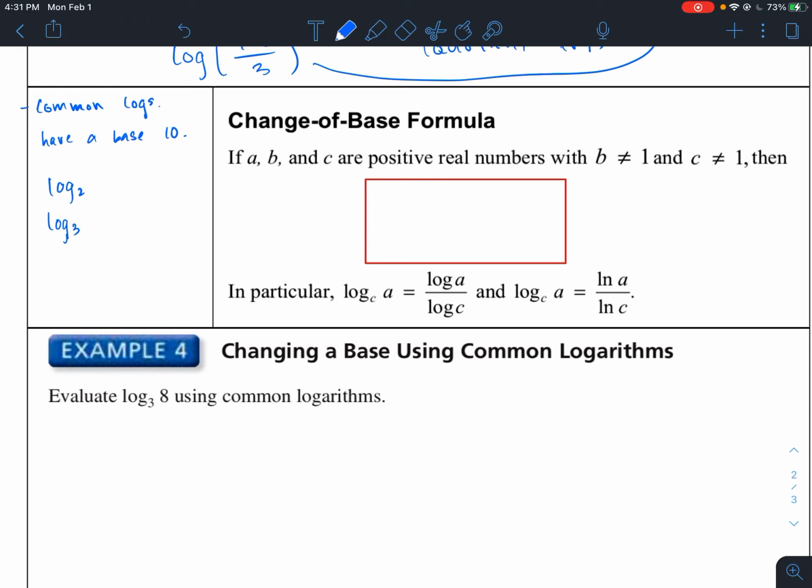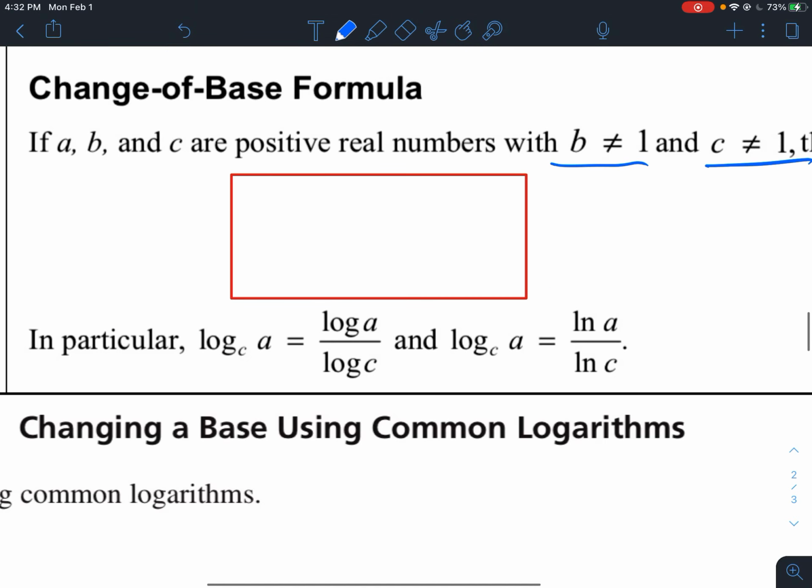In these examples we'll be using A, B, and C. If they are positive real numbers, B cannot equal 1 and C cannot equal 1, then log base C of A is equivalent to log base B of A divided by log base B of C.